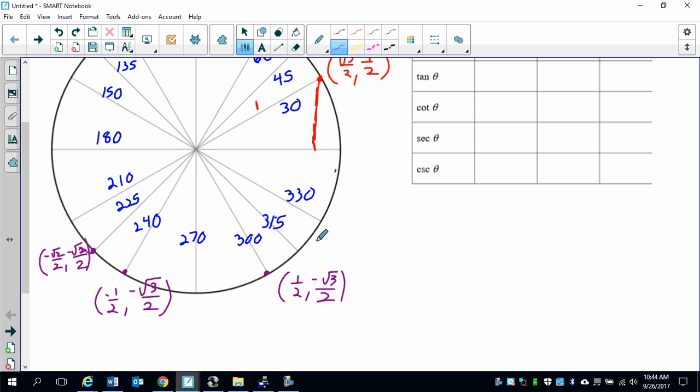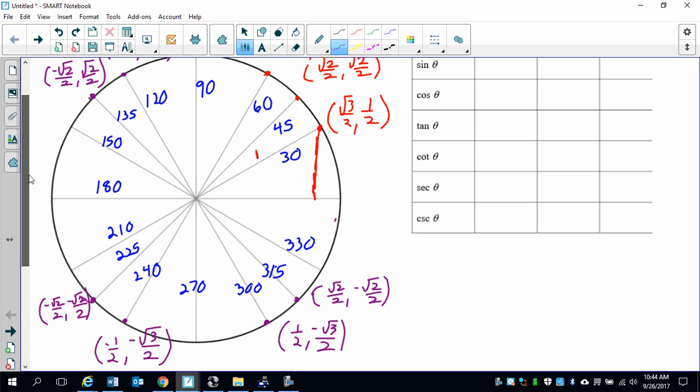All right, over here, our x will go back to being positive right here. So x is positive here. And let's see, our y is negative still. Okay, and so that's that one.